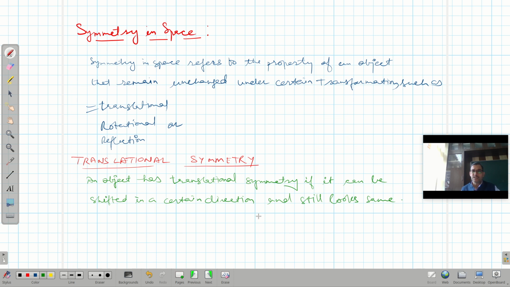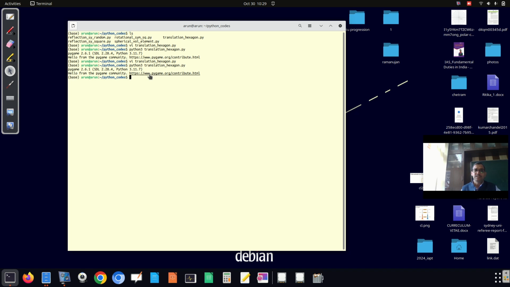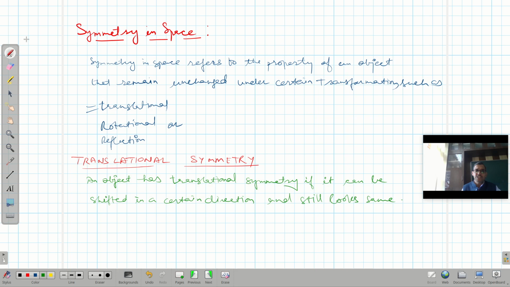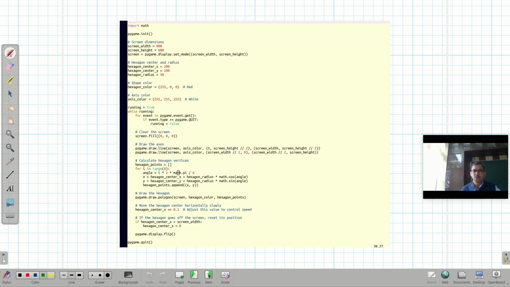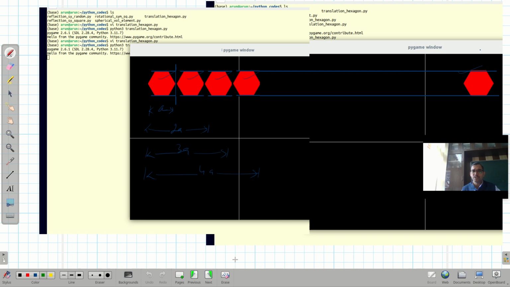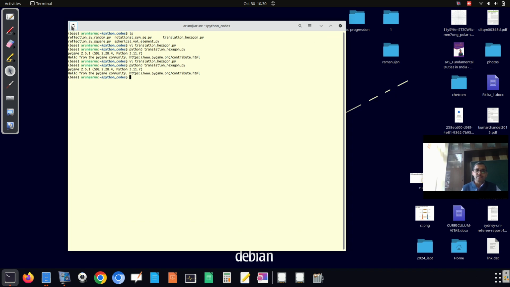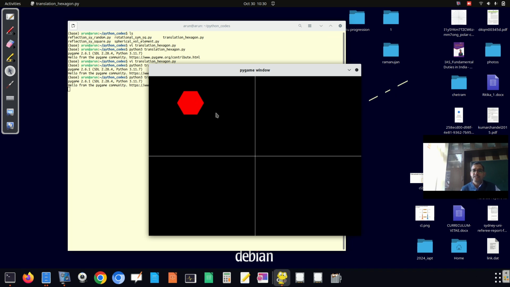Let us try to understand this with the help of a Python code which I have written. This is the Python code which I have written. I've just shared it with you and it is on my web page. This is the small code and this is the result of this code. Let me show this to you first, how this code will work. Say this is the action and this is moving.